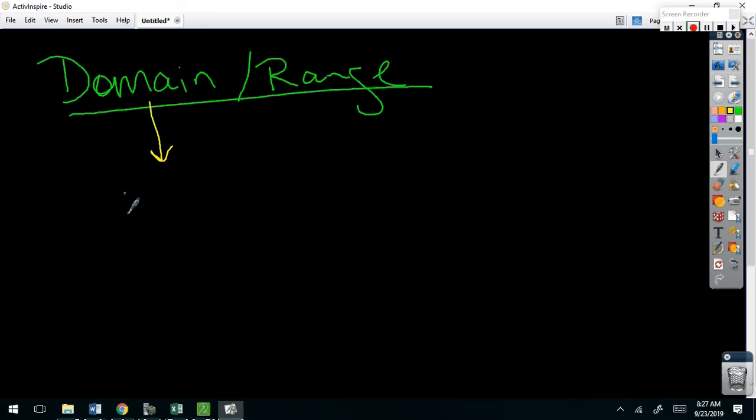Domain is a culmination of all your inputs. What is my input in a graph? The x. All values that x can be. Okay? Domain describes x. So what do you think range describes? The y. It's your output.